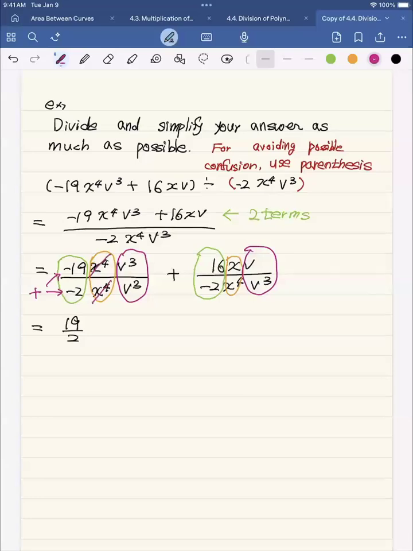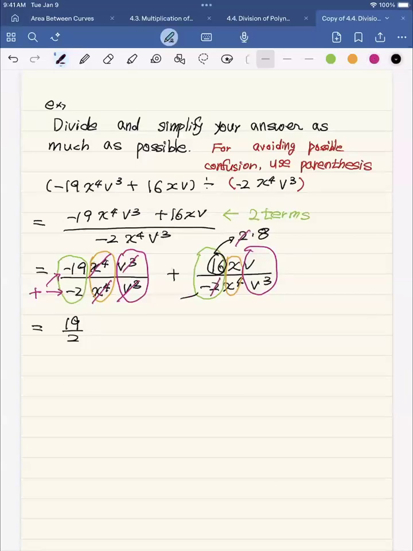And v cubed and v cubed are the same, so we cancel those out. And then this one is 2 times 8, so we cancel 2 together.